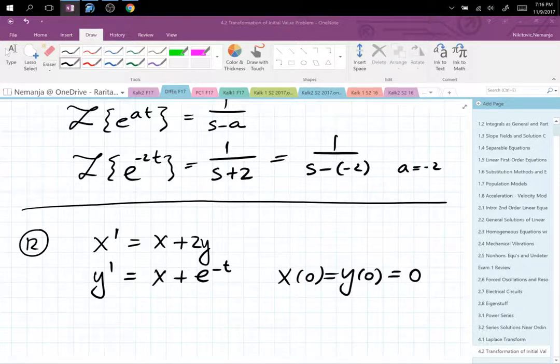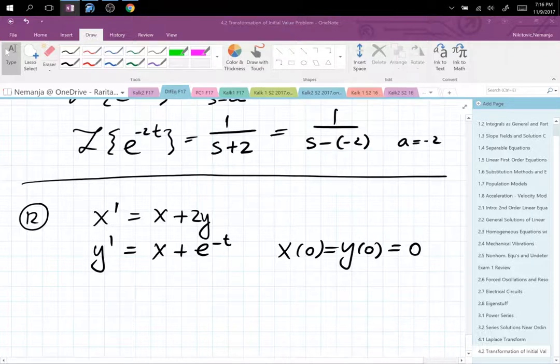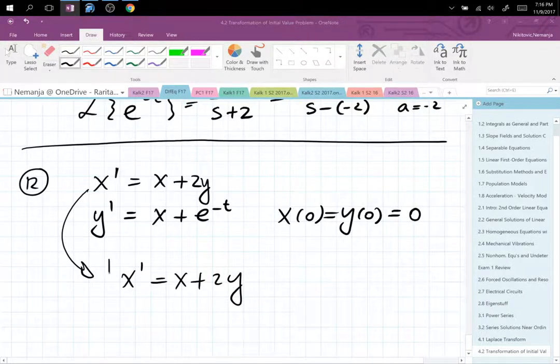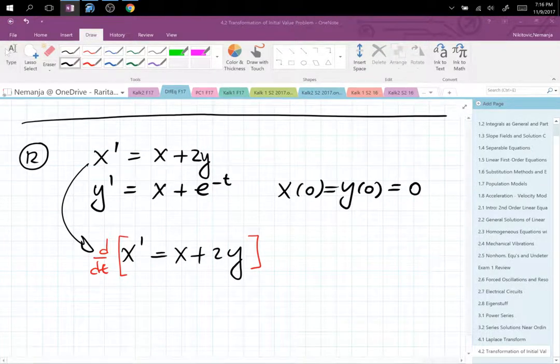Now, you're looking at this, and you say, do I have to do it right? No. There's a very simple, cheap trick where you have your x prime equals x plus 2y, and you differentiate that equation with respect to t. What you obtain is x double prime is equal to x prime plus 2y prime.